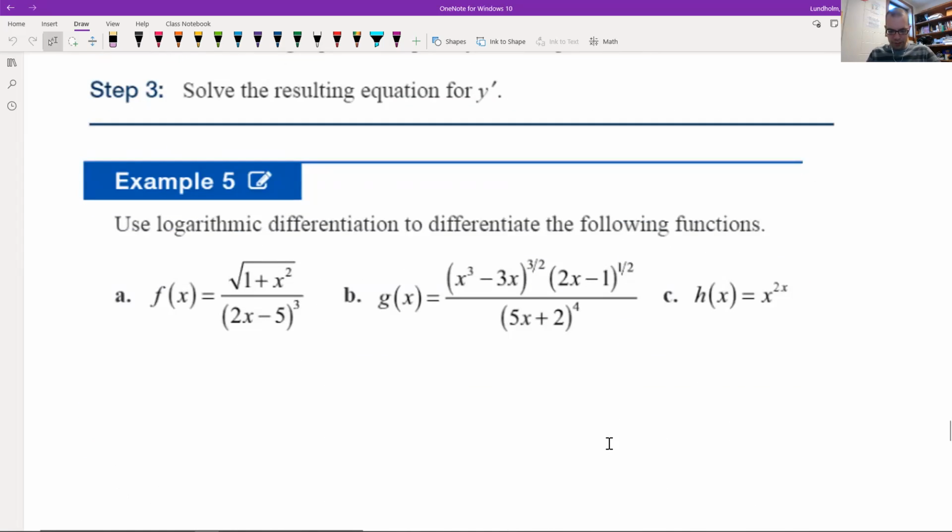Let's try this real quick. So here we've got h of x equals x to the 2x. Take the natural log of both sides. And h of x is going to turn into y.